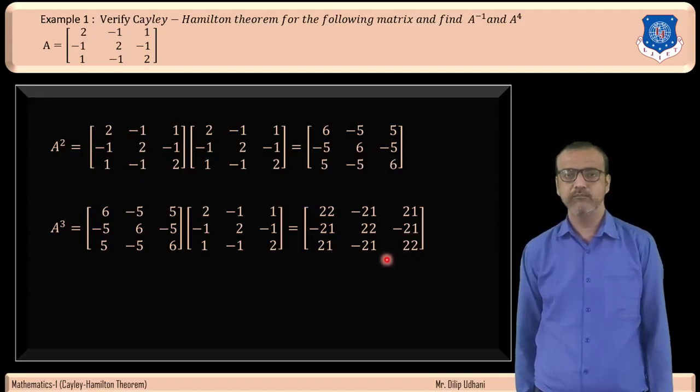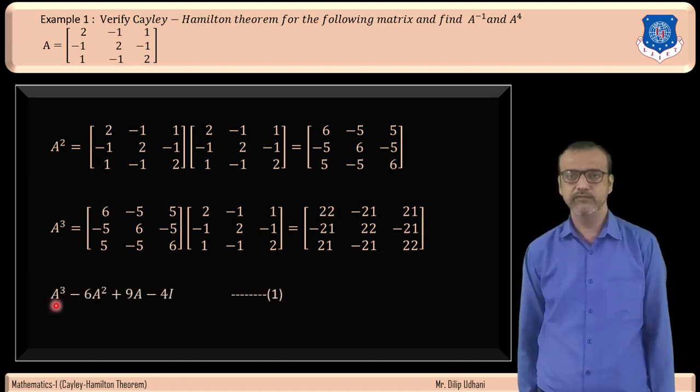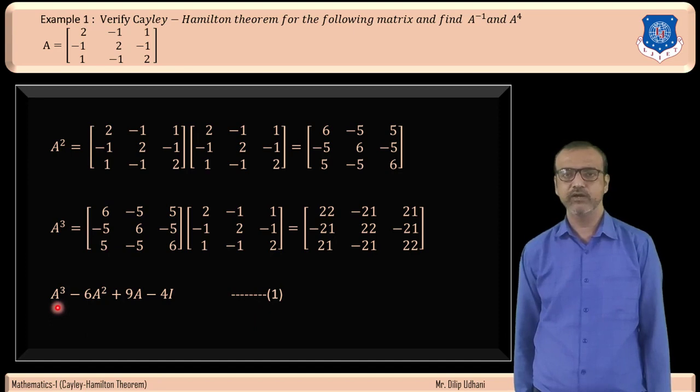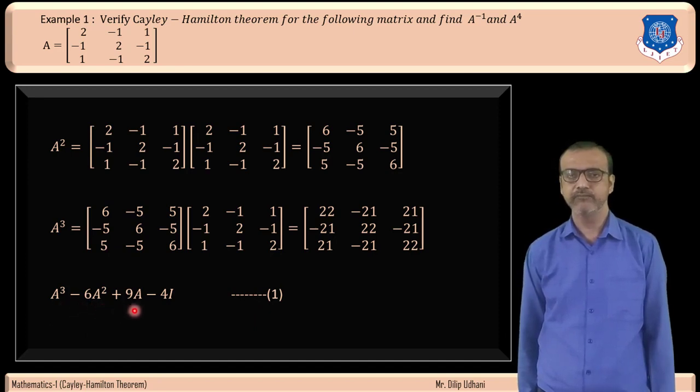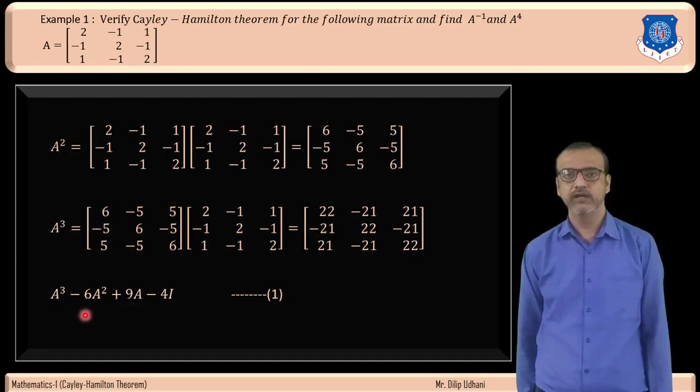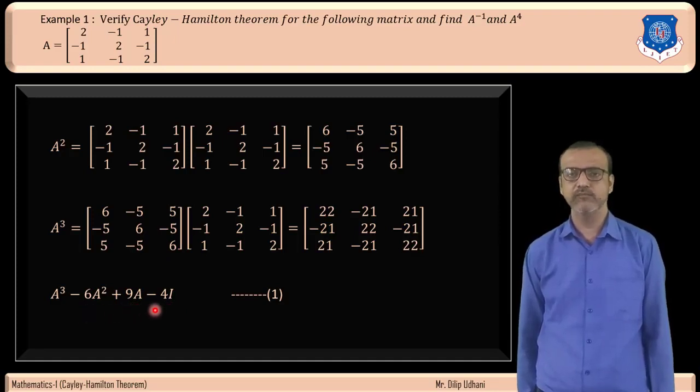Now replacing lambda by A, we have equation number 1, that is A cube minus 6A square plus 9A minus 4I. In this equation we will write down the matrices of A cube, A square, A and I, where I is an identity matrix. Then we will simplify, and after simplification we will have a null matrix.